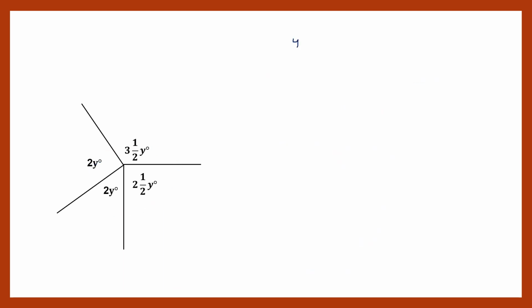So now that we found y is equal to 36 degrees, let's find the value of all these angles. Let's call this the first angle. So the first angle is 3 1 by 2, which we converted to 7 by 2 y degrees. That means 7 by 2 into y, and y is 36 degrees. Now let's cancel. 2 into 18 is 36.